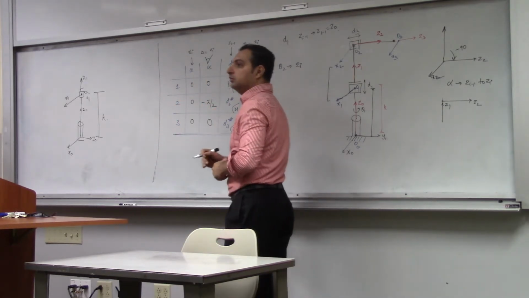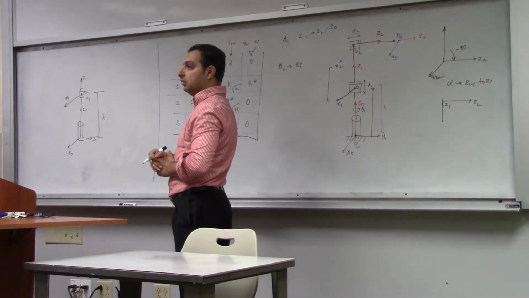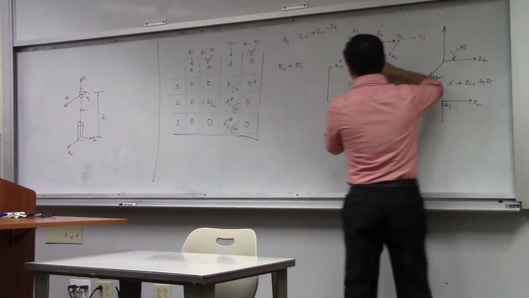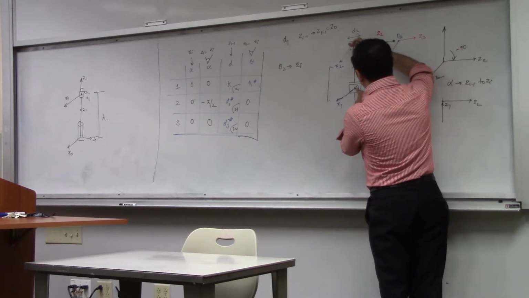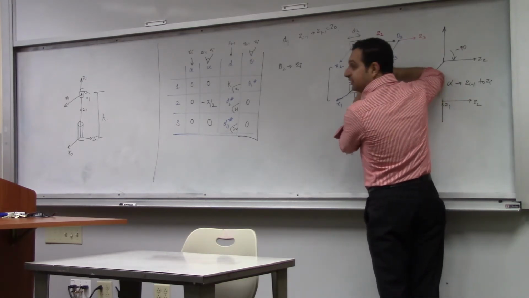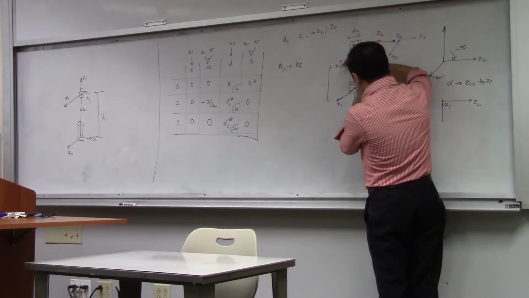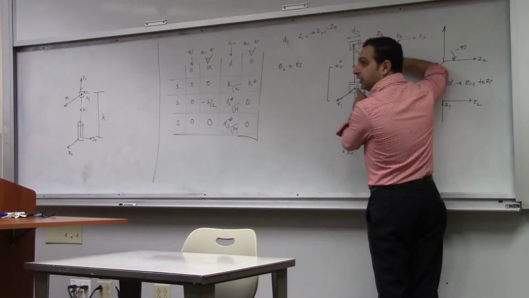So for the second D and the third D, they should be D2 plus the length of the link, right? Why should it be plus the length of the link? Because D2 is measured from this origin, so this displacement is D2. If this becomes 0, this will coincide here, or it will go up, because this is a prismatic joint.